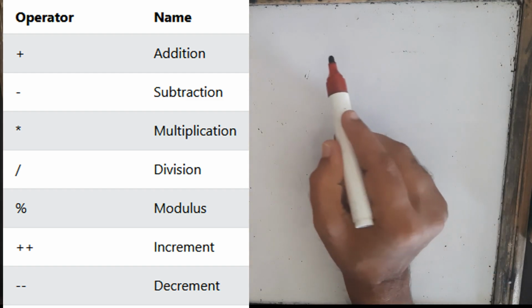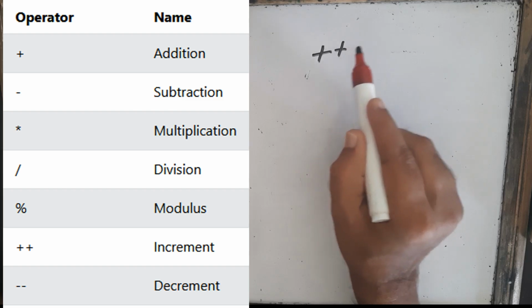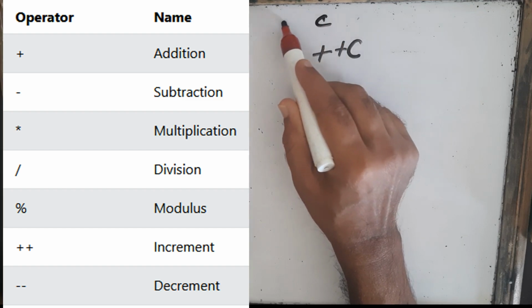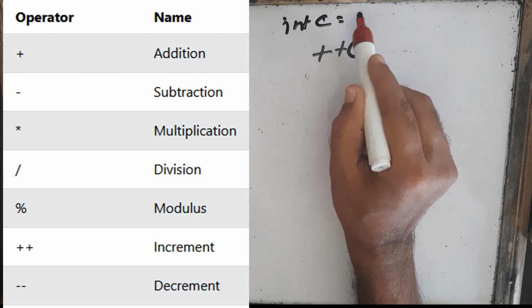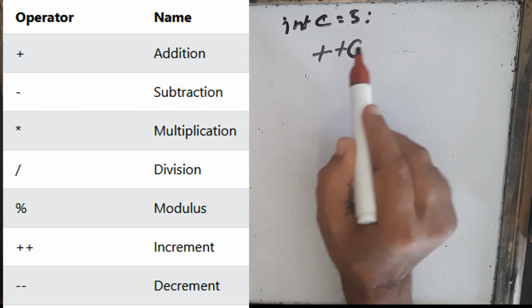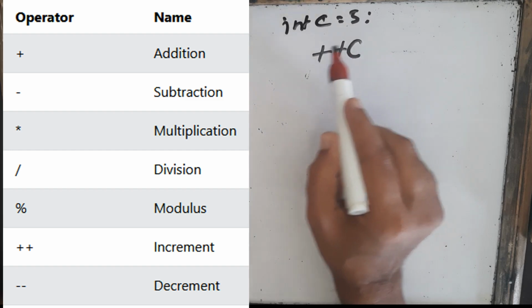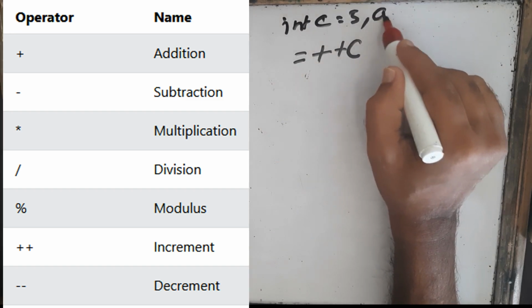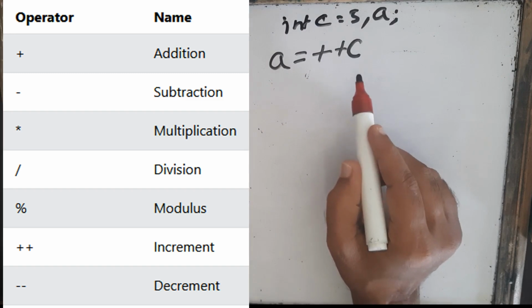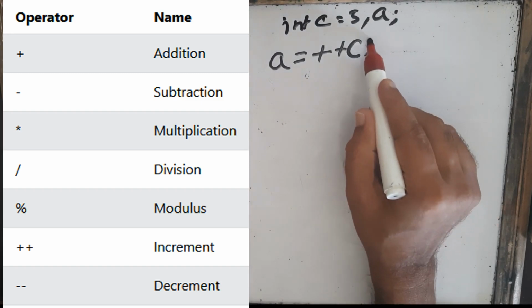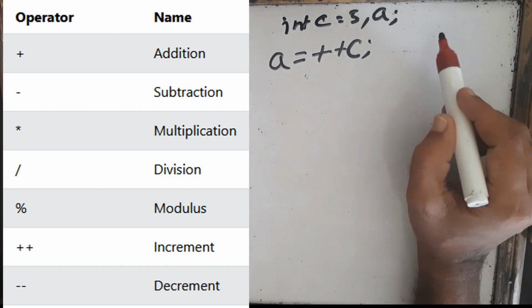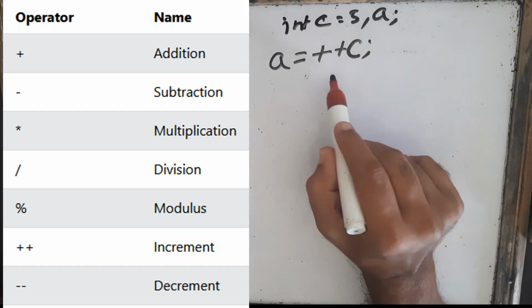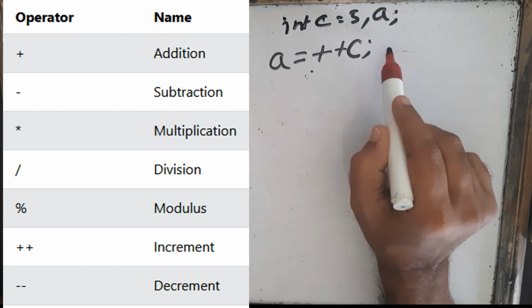Say for example, int C is equal to 5, and A is equal to plus plus C. When you execute this code, C will be incremented.